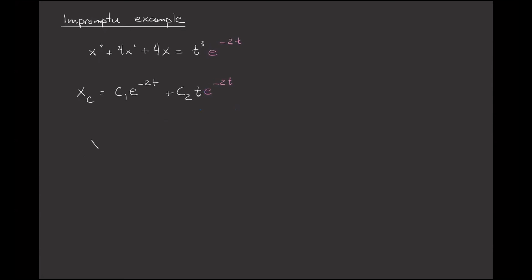And whether you're right or wrong, it doesn't matter. I'm not going to judge you either way. I just want to see if you guys are getting it. I'll tell you for sure it's going to be x to the -2t. And then the only thing for you to determine is, what will be the polynomial that you multiply by? And you could even say what degree polynomial, or how many terms, however you want to say it. So how many terms should there be?